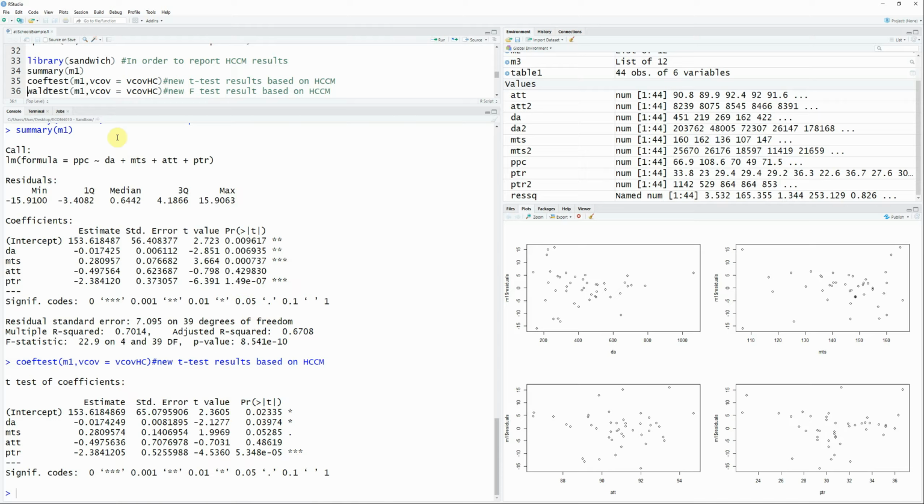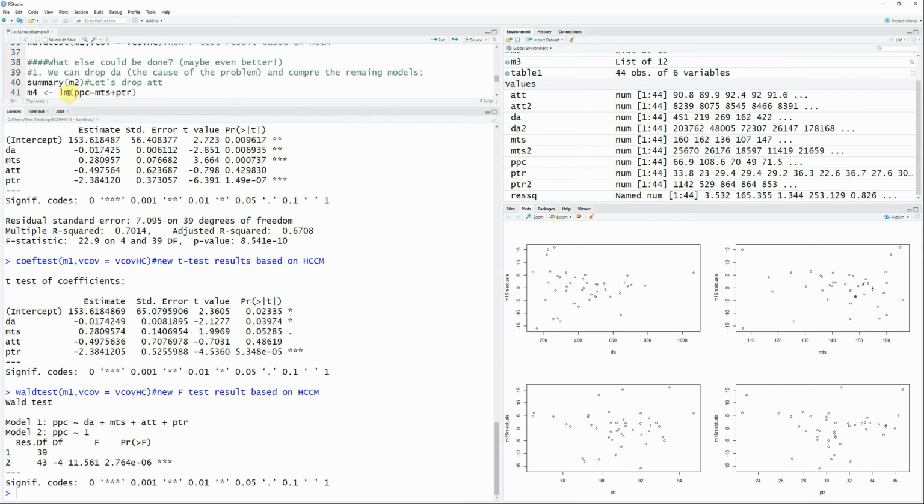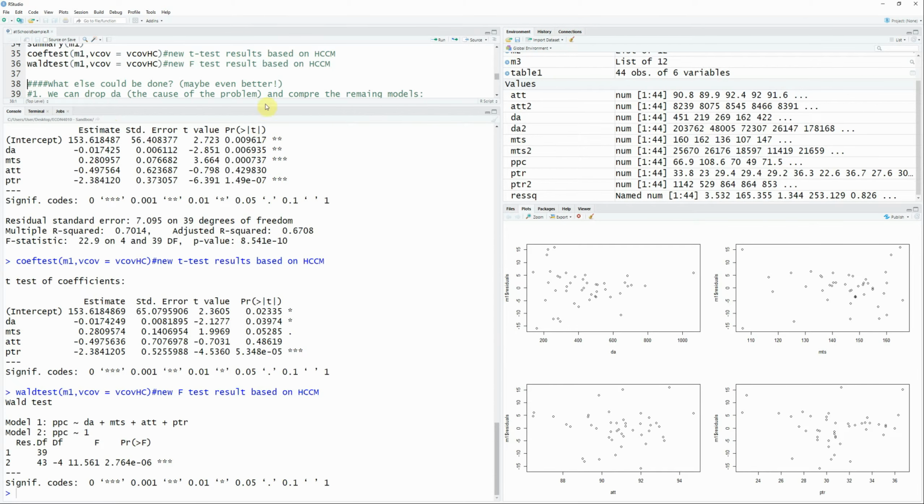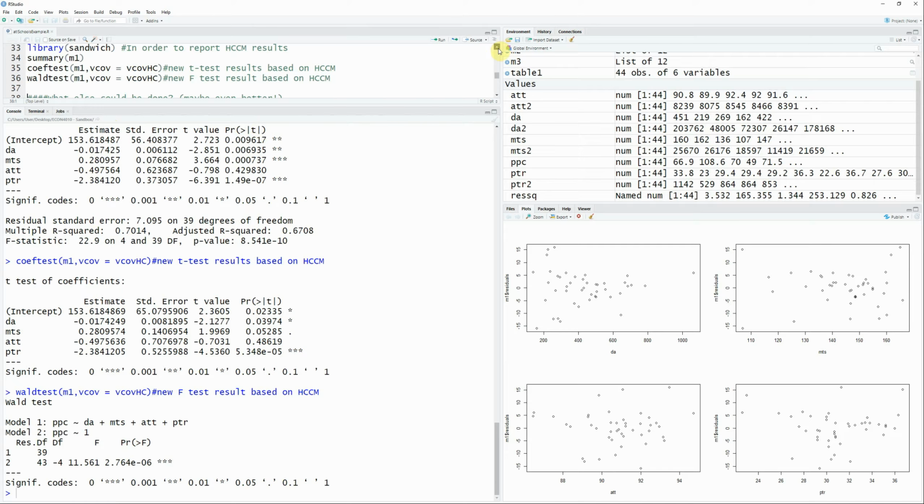Now, what's going to happen to our F-test results, the Wald test function, using that specification, is going to give us the F-test that we can compare with this line. So this time we can see that overall our model is still significant.